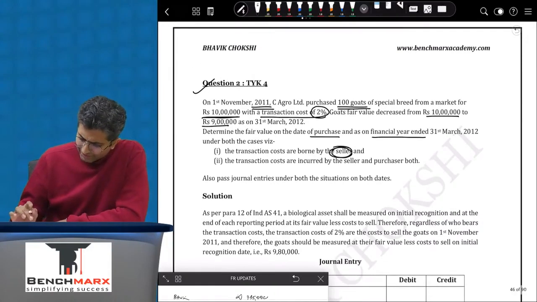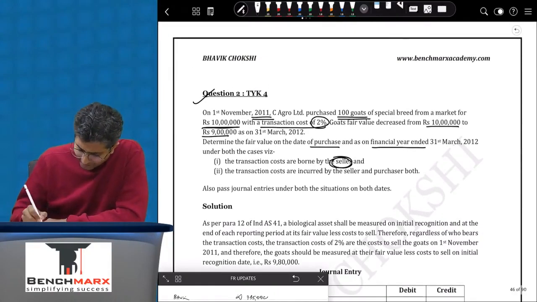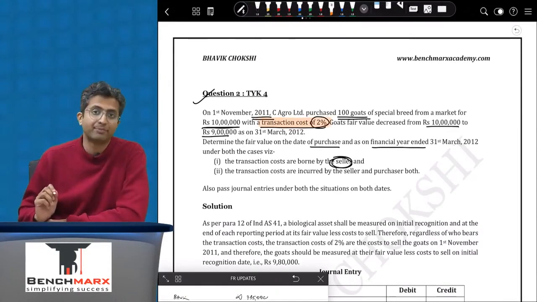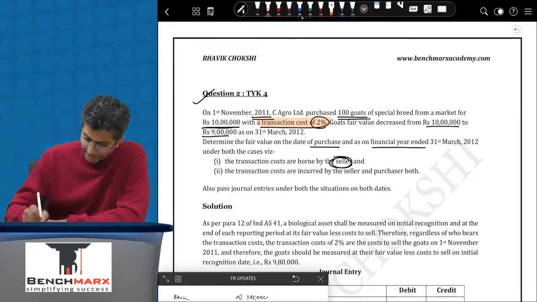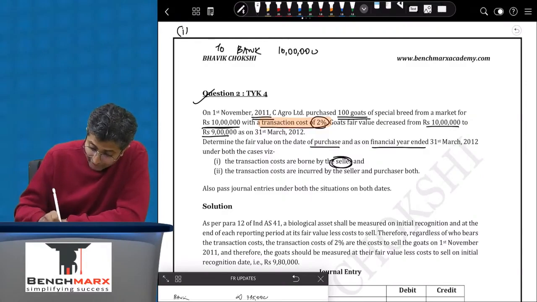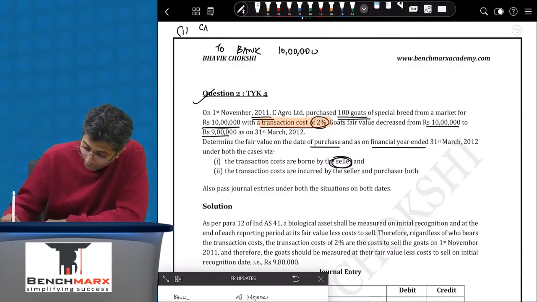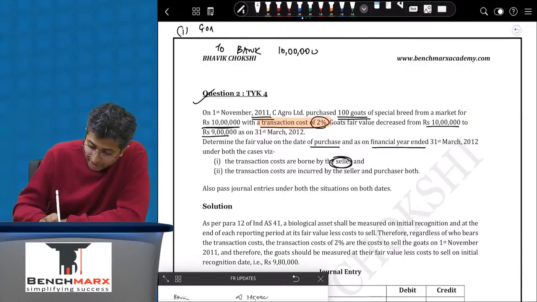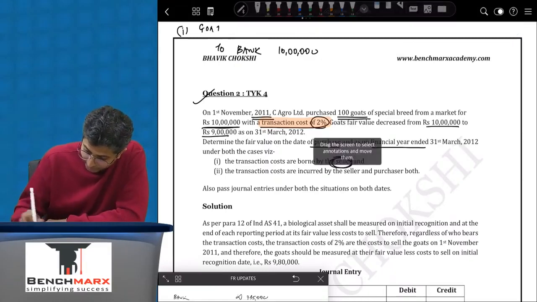Okay. So if the transaction cost of 2% is borne by the seller, that means at the time of purchase, you must not have paid this 2%. The seller must have paid. And hence your entry in sub point 1 will be at initial recognition to bank 10 lakhs. However, your initial recognition of the goats will be at fair value less cost to sell.